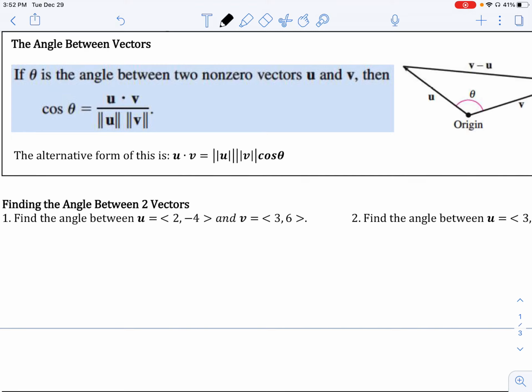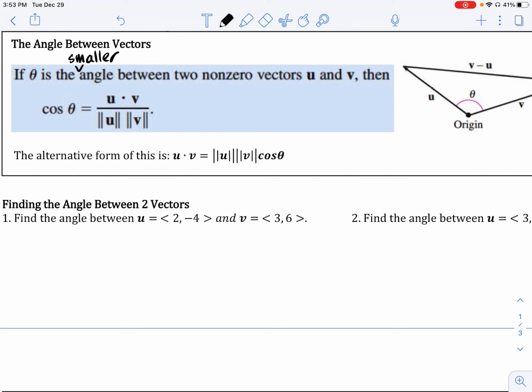I should probably specify here that technically there are two angles between vectors. There's the theta that's listed here, and there's also this angle here. So to be more specific, what we're actually finding is the smaller angle between the two vectors, indicated here as theta.